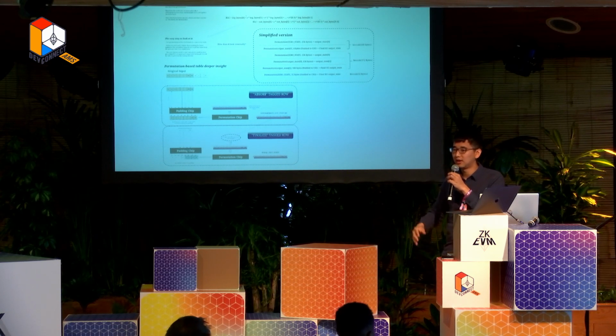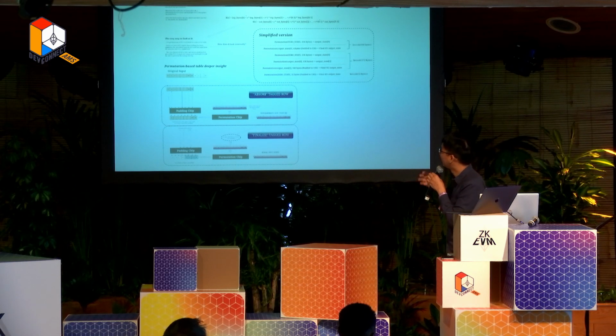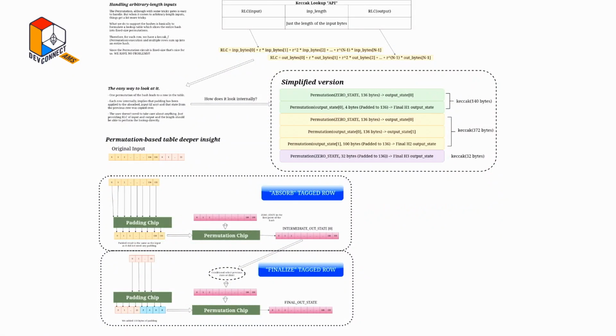So the takeaway here is once we define the rules of the state transition, we can have a fixed circuit that takes arbitrary input. And also we have the padding chip. We take the last input and pass it through the padding chip to determine if it needs padding or not. And we take that input to the permutation chip to get an intermediate state here.